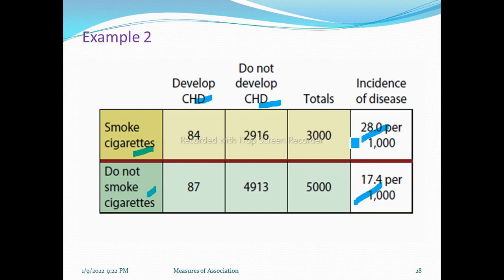If you divide this one by this one, it is the relative risk. But if you subtract this one from this one, what is it? Attributable risk. Attributable risk is risk difference.